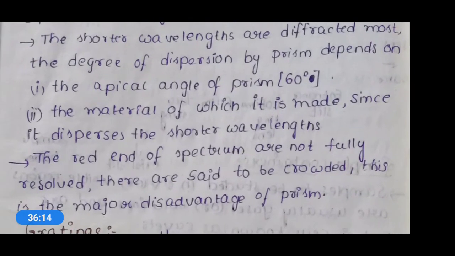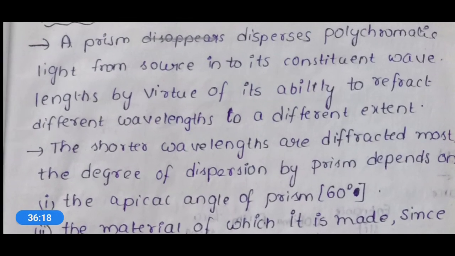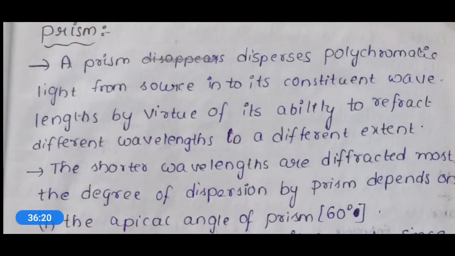So the first one is the prism. We all know very well about the prism. A prism disperses polychromatic light from the source into its constituent wavelengths by virtue of its ability to refract different wavelengths to a different extent.